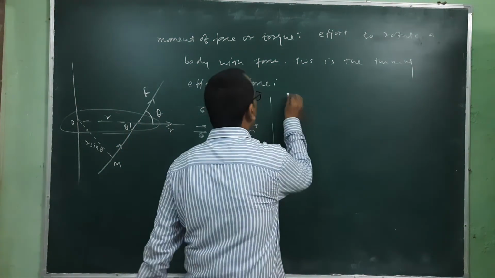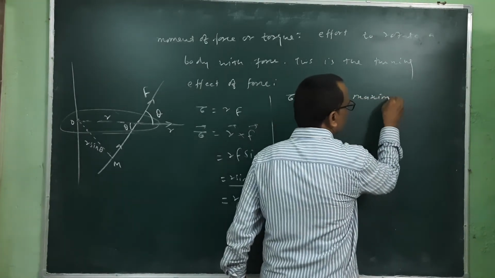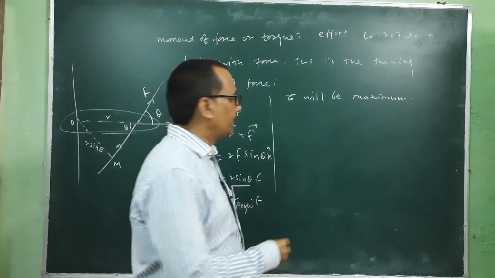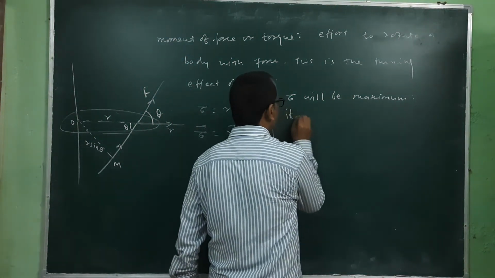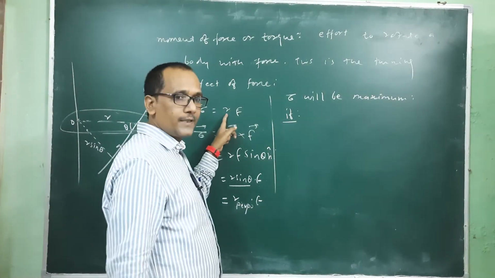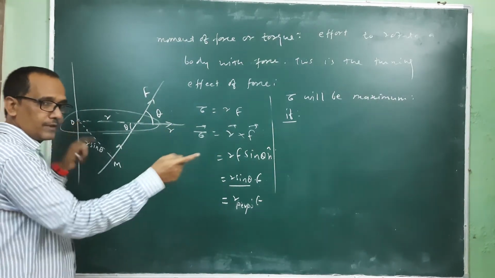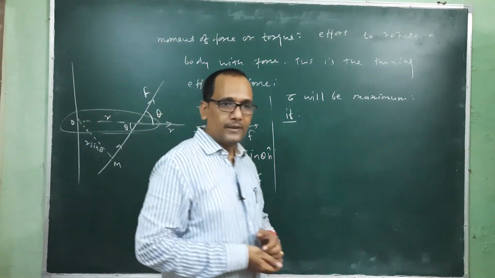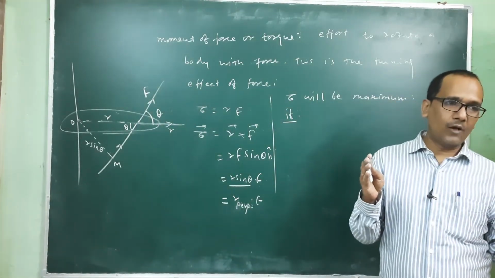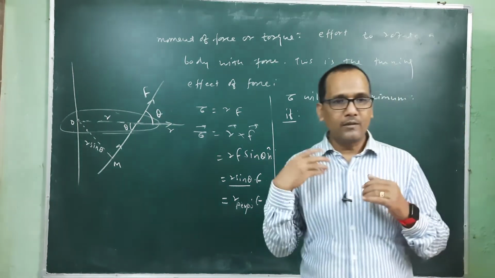The tau will be maximum at a greater value if either r is maximum, meaning the distance is maximum. I gave the example of a door. If you are increasing the distance from the hinge, the effect will be maximum. That tau is actually the effect. Or you have to apply one strong force.